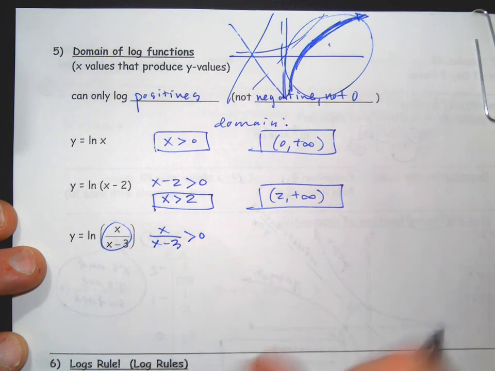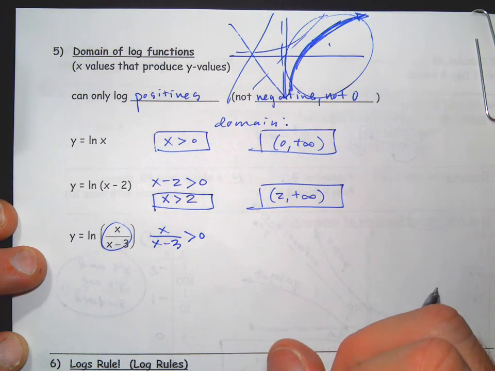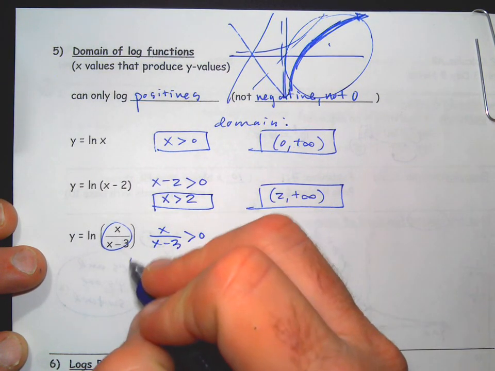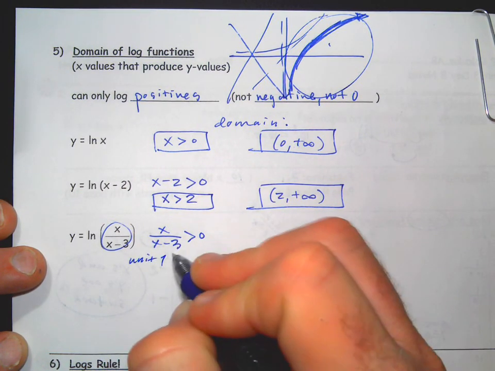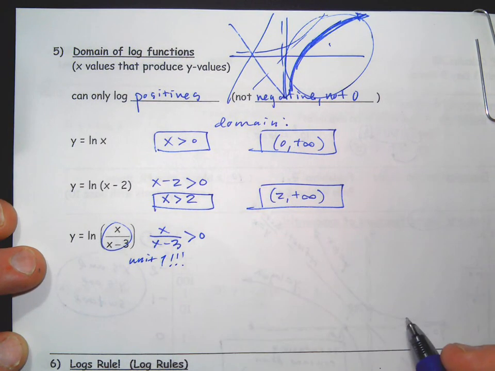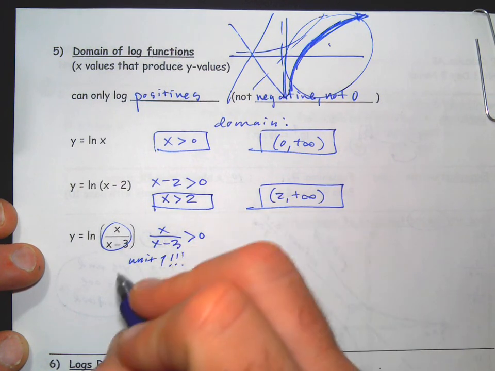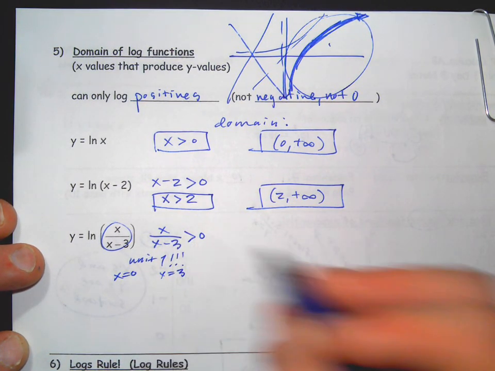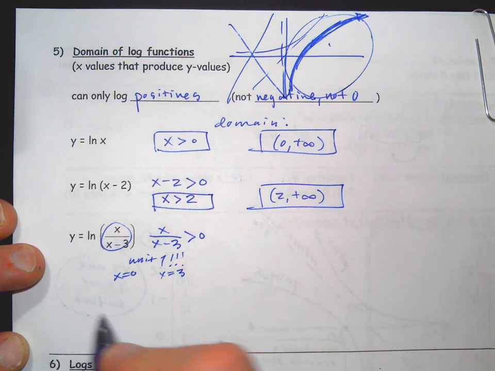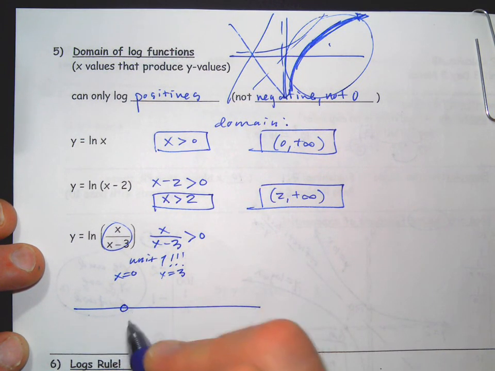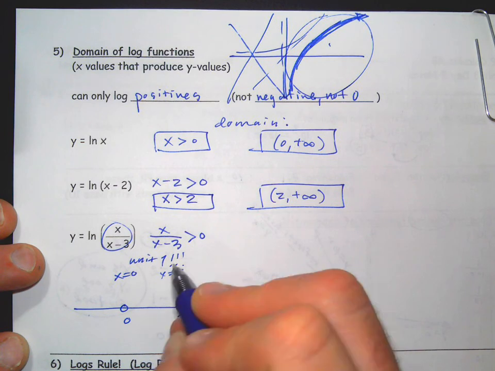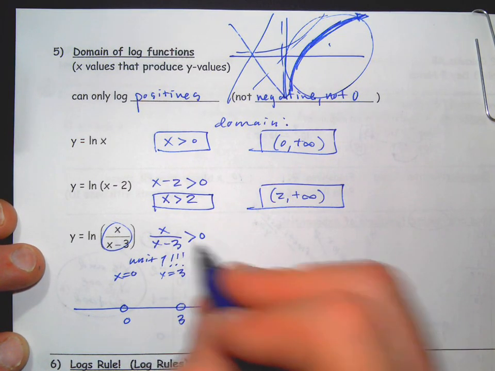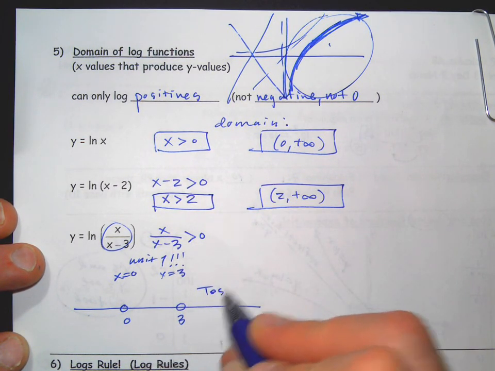Now you've got to solve that. Oh, that's a rational inequality. This is unit 1 stuff. Yeah. Right? You guys remember how to do this? Line check. So x equals 0, x equals 3 is a vertical asymptote. We do a number line. They're open dots. Whatever comes in the bottom is always an open dot. Top's an open dot because it doesn't know what we're equal to. Test the value.